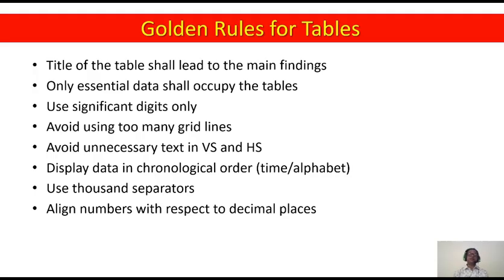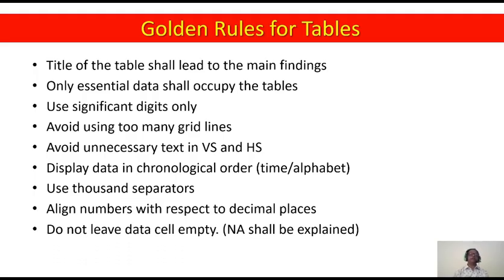Align numbers with respect to decimal places. All the decimal points should be aligned together, so that what is before the decimal is on one side and what is after the decimal is on the other, and we can very quickly read the data. Do not leave data cells empty in case some information is not available. Better to write NA, and NA shall be explained as data not available or data does not arise, something like that.